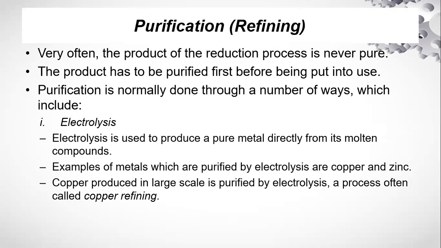Copper produced on a large scale is purified by electrolysis, a process called copper refining. So copper refining is the main process to purify the copper that is produced after the reduction process. Copper refining is done on a large scale for obtaining copper.